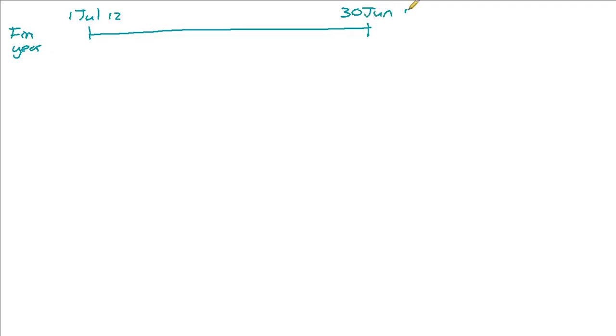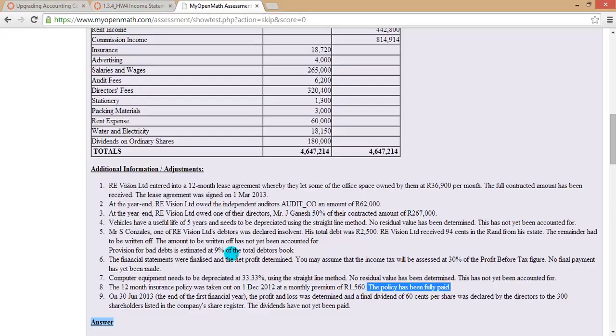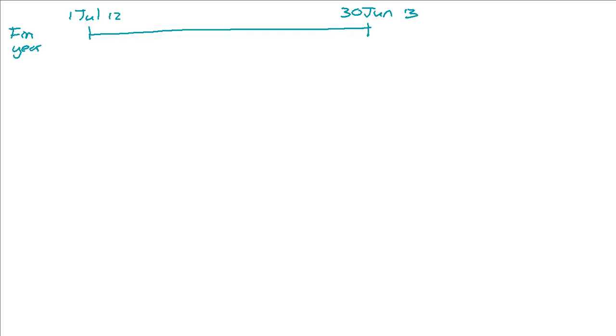The first thing we need to do is establish our financial year, which runs from the 1st of July 2012 all the way up until 30 June 2013. And the insurance policy was taken out on the 1st of December 2012, which is around about a year.